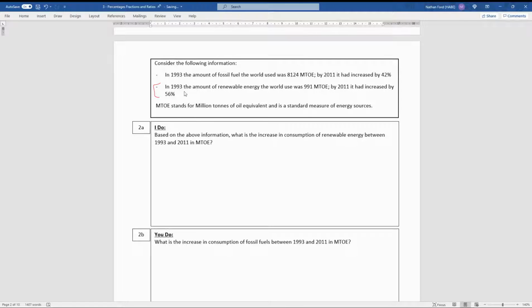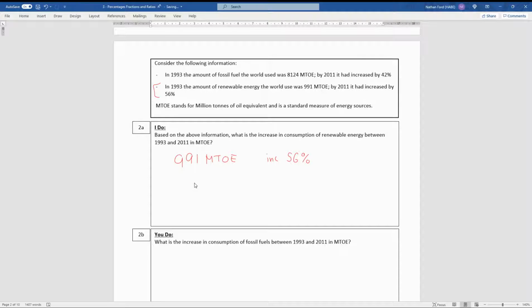It tells us that our original amount is 991 MTOE, and it increased by 56%. So I have 56% on top of this. If I find 56% of this, that would be what the increase is.